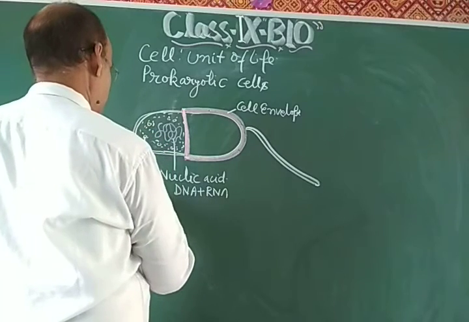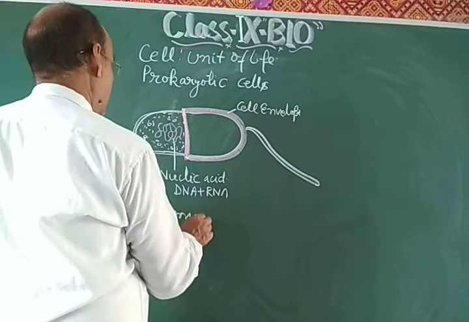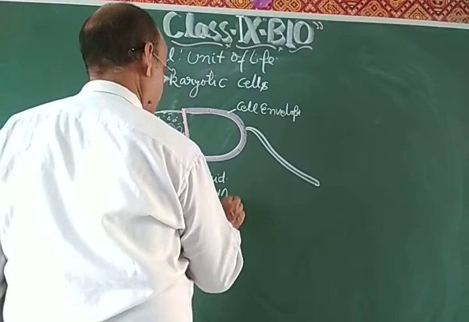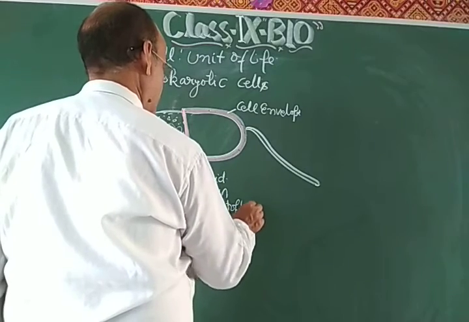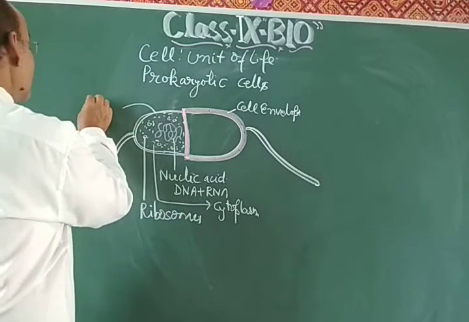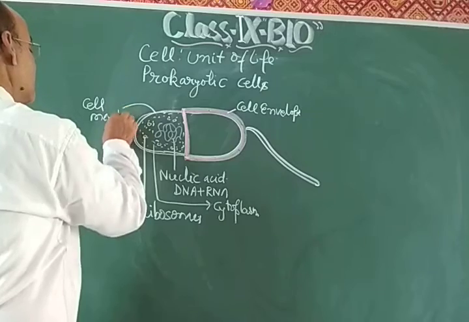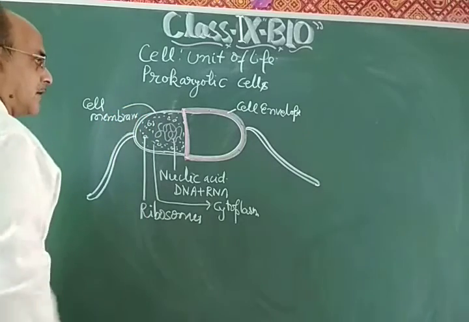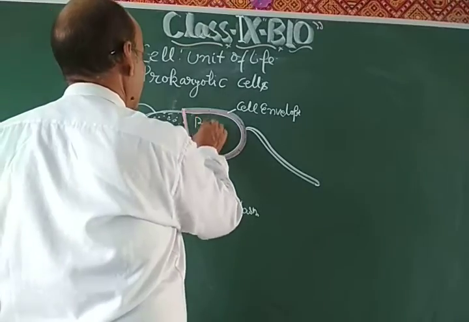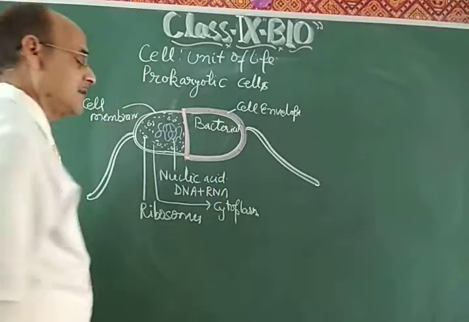These are the ribosomes, and this is the plasma or cytoplasm. You can say this is the cell membrane. There is a membranous structure that is called the cell membrane. So this is the prokaryotic cell, and mainly this is bacteria. You will see the bacterial cell like this.